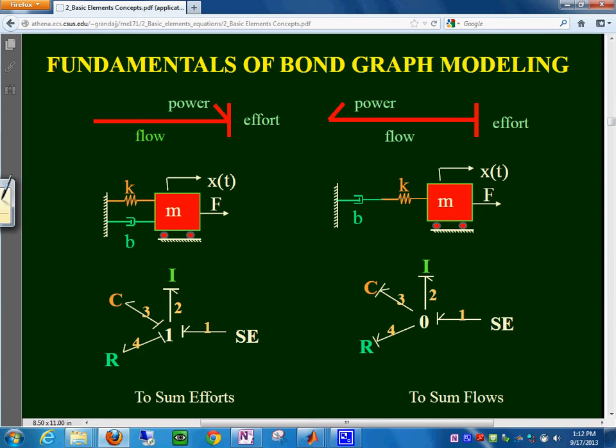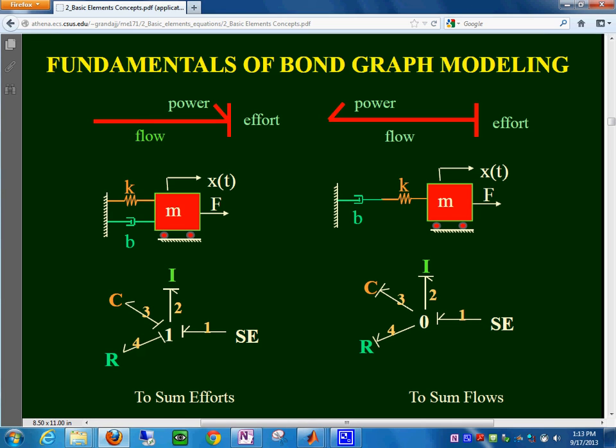Okay, so that's the discussion about the different elements, variables, and these two connectors that we need. We need a zero connection and a one connection.